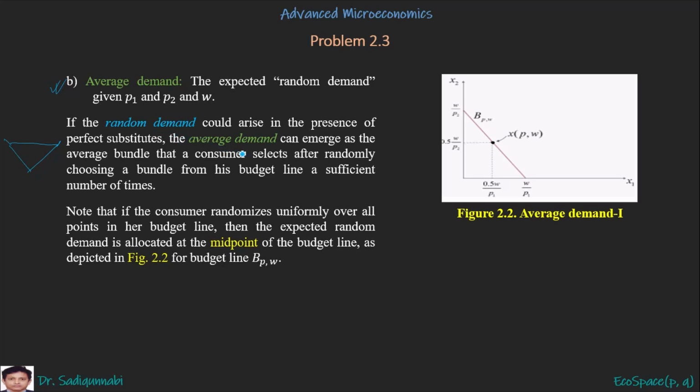The average demand, on the other hand, emerges as the average bundle that the consumer selects after randomly choosing a bundle from his budget line a sufficient number of times. If the randomization is sufficient in number, then we see the emergence of average demand. So if we take the expected value of random demands, we get the average demand.